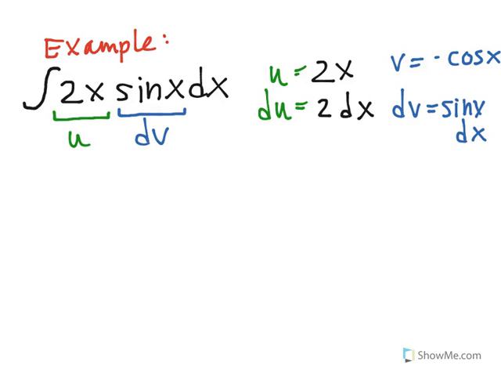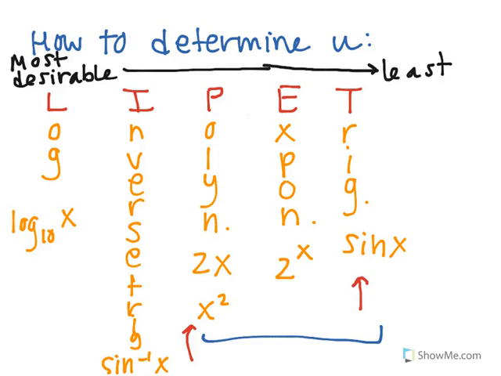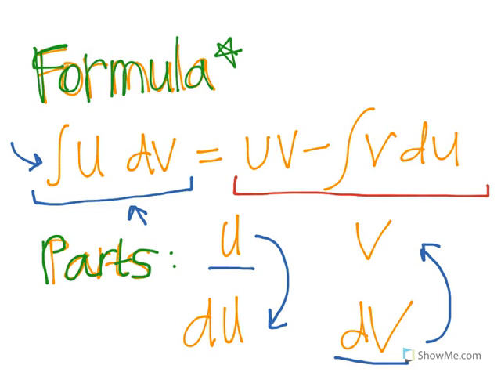Now that we have all of our parts, we're going to plug them into the formula, uv minus the integral of v du, just by plugging in the parts that we just came up with.